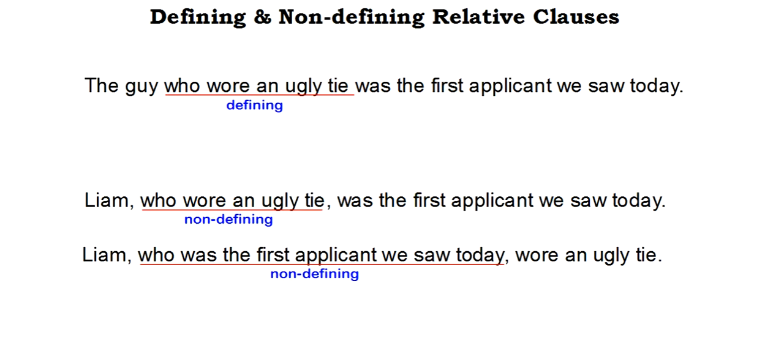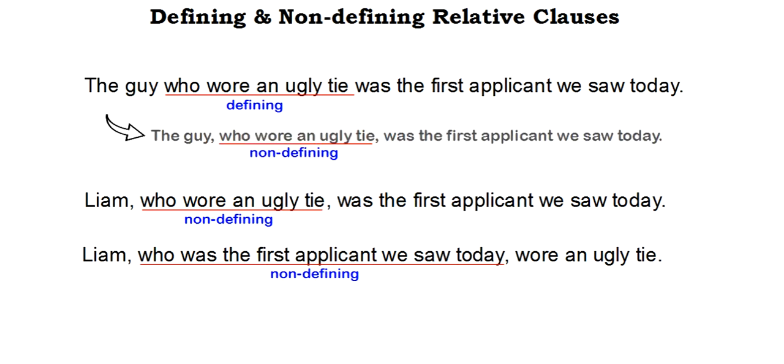For example, if you look at the very first example again with the guy, let's change this into a non-defining clause. It's fine, we can do that. Grammatically, sure. But we're back to that original problem where the listener is thinking, what guy are you referring to? It's no longer really helping us understand who the guy is. It's extra information about someone we still don't know. So it sounds really strange, even though grammatically it's correct.